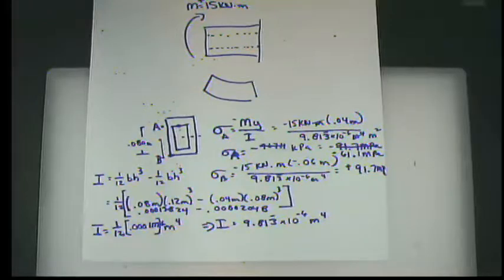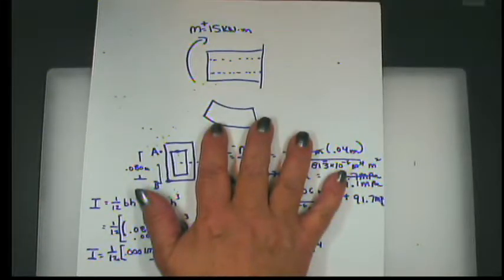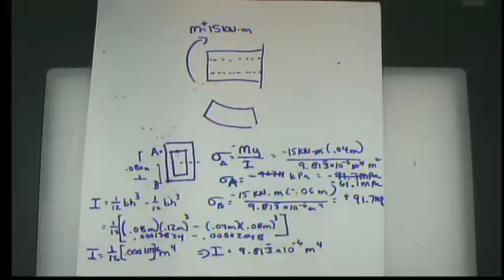If we have symmetry, we can just use that and fold it in half. If we had a T-shape or maybe an I-beam where the top flange was thicker than the bottom, we would have to do a little bit of manipulating, but we can always use the parallel axis, so we won't go to the integral form.